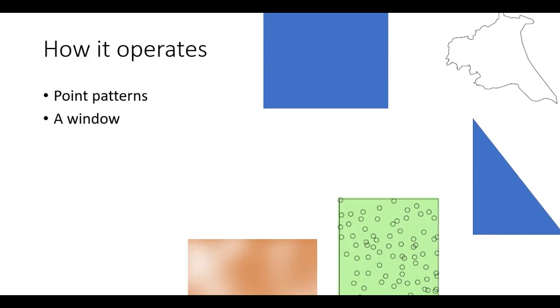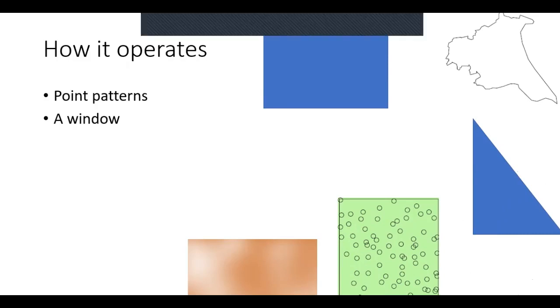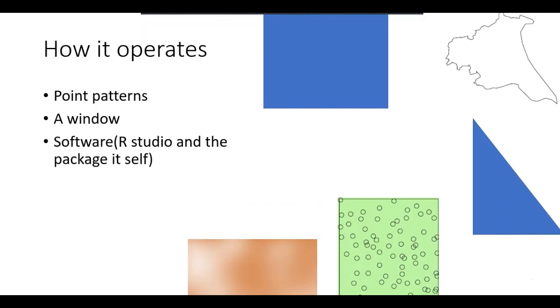When you import your points, you put them into a window, which may be rectangular, as you can see here. But then you need the software, which is R, and then the package itself, which is called Spatstat. Basically, you always have to install it from the repository. But you may not need RStudio. You may use just the R software.